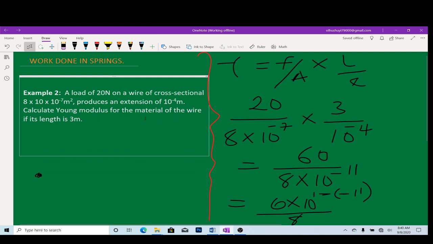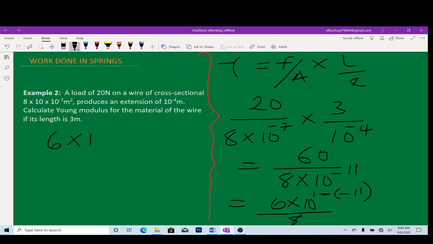So what do you do? Sorry, let me wipe this. 1 minus minus 11 becomes 12, so 6 times 10 raised to the power 12. Can you see that?